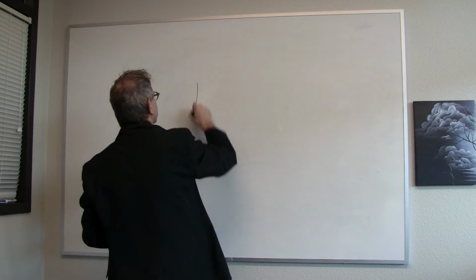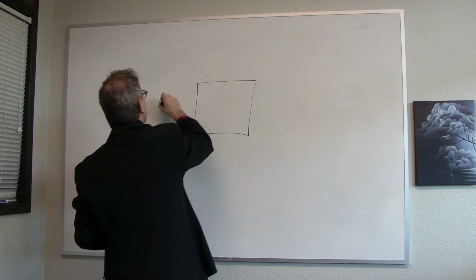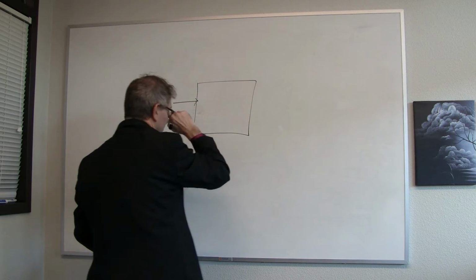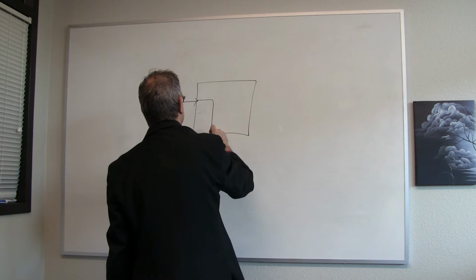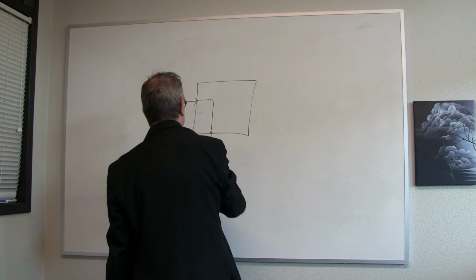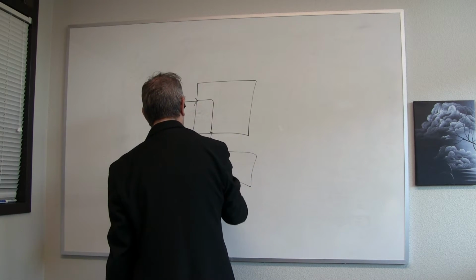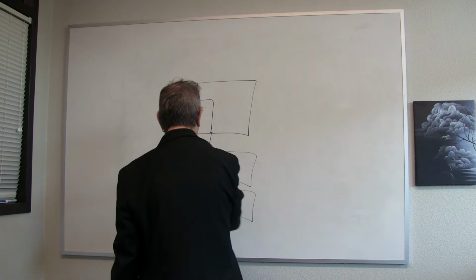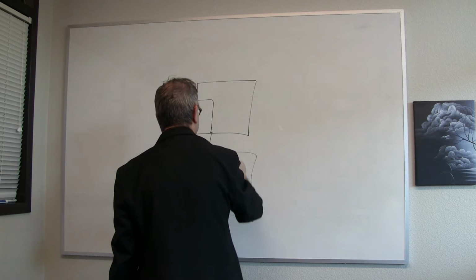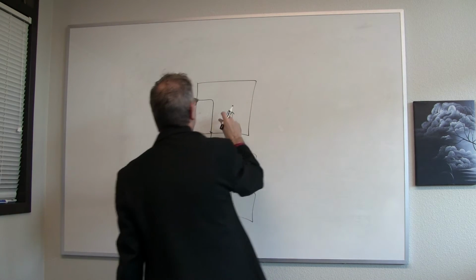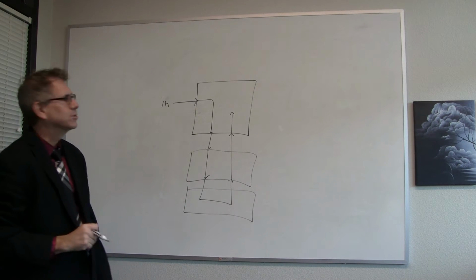So here's an input value, and we can take this and send it to a cell down here, and we could send that to a cell below it, and that could reflect, and that could come out. And now we have a delayed version of this input.